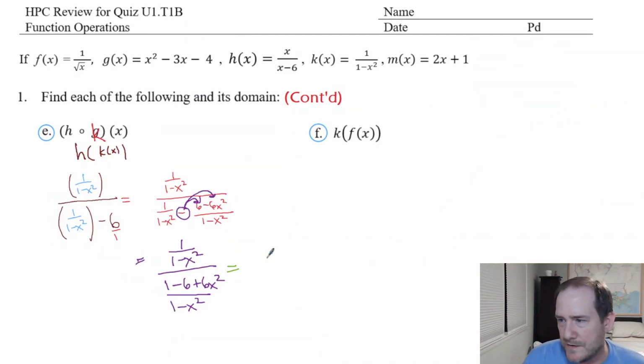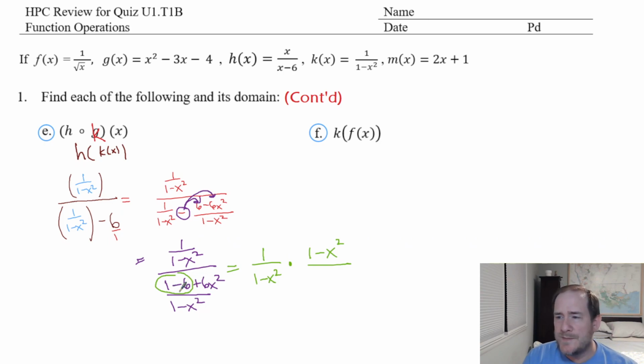Now if I do that here, then I get the 1 over 1 minus x squared times this reciprocal, so I get a 1 minus x squared in my numerator now, and this guy goes down to the denominator. What's this going to be, by the way? These look like common terms to me, so it'll be negative 5 plus 6x squared. I'll leave it like that for the moment. Alright, so this is where if I'm multiplying two fractions, then yes, I can just cross reduce. That's why those are able to be gone.